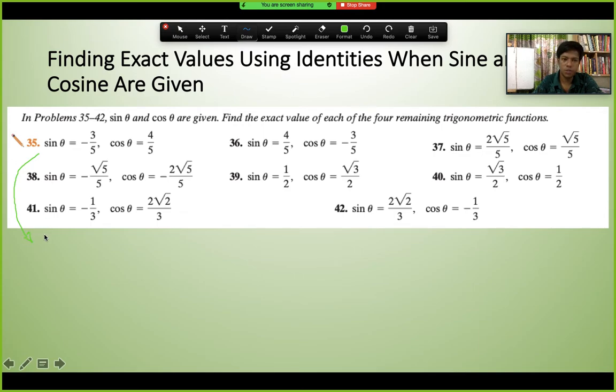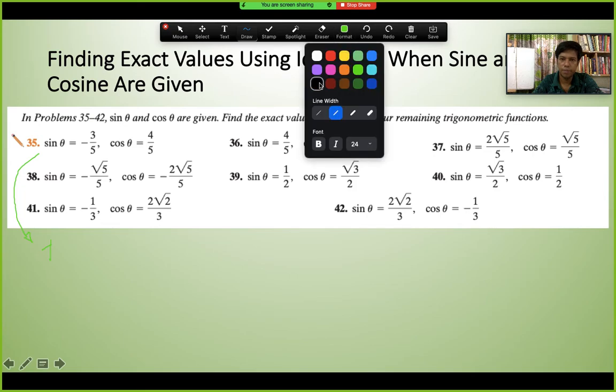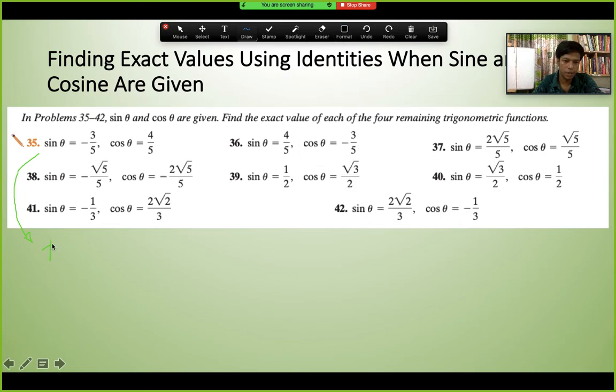Tan theta equals what? Let's use black color, which will be better here. We know that tan theta equals sin theta divided by cos theta. So sin theta is minus 3 by 5, and cos theta is 4 by 5.